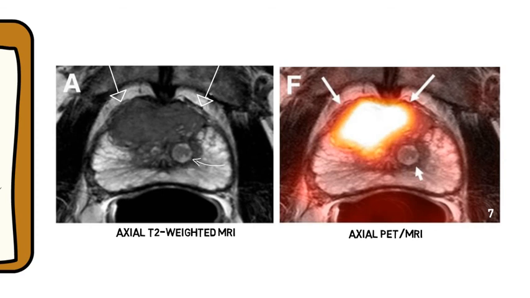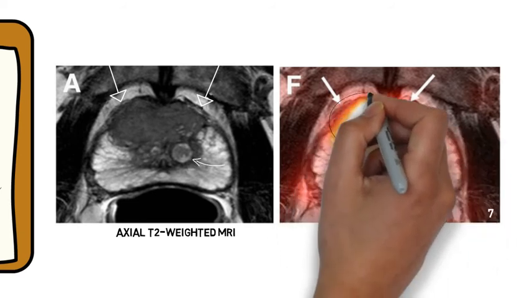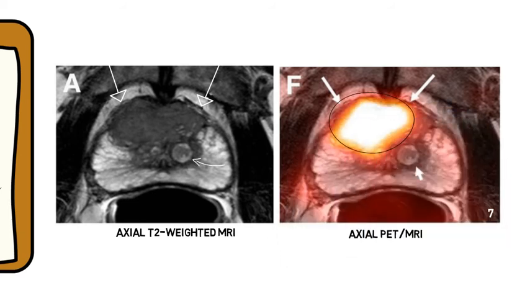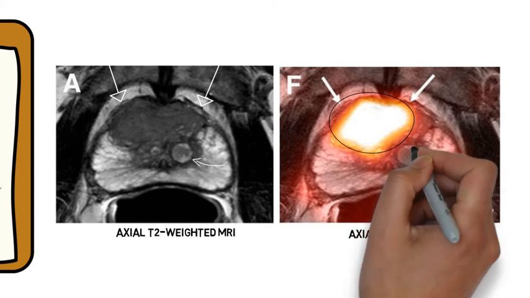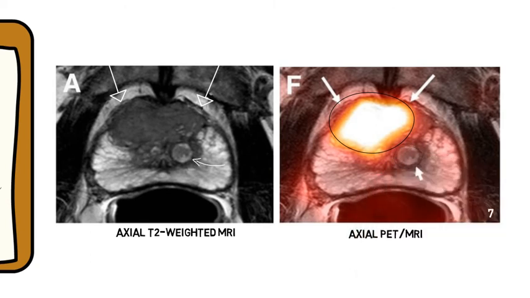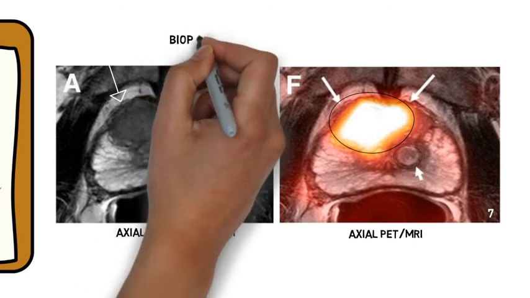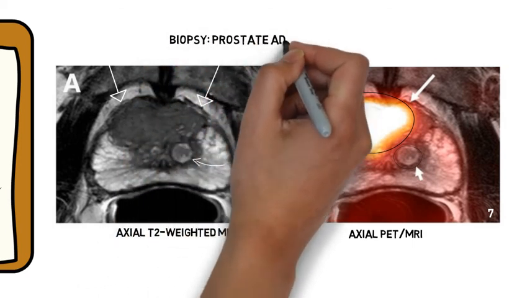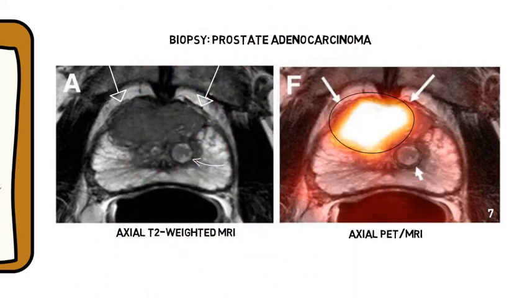Combined PET-MRI image showed a specific uptake within the midline anterior transition zone lesion, suggesting a possible cancer, but no uptake by the benign hyperplastic nodule in the left transition zone. Later biopsy of this lesion revealed prostate adenocarcinoma, which is consistent with the symptoms presented.